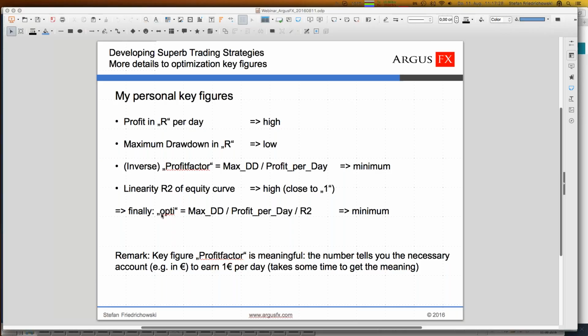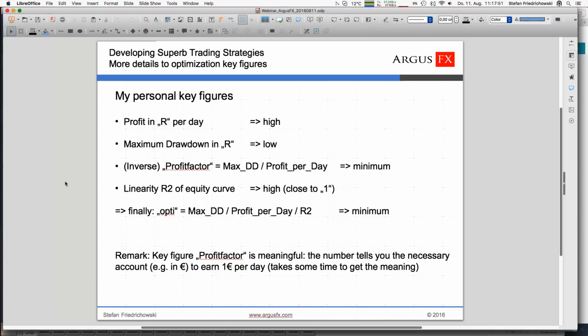So final answer, take that opti and try to find a minimum. Then I know I have a good strategy, and just try to find a minimum for that number. I will show you for the Dax strategy later. So that's one remark, how I optimize strategies.